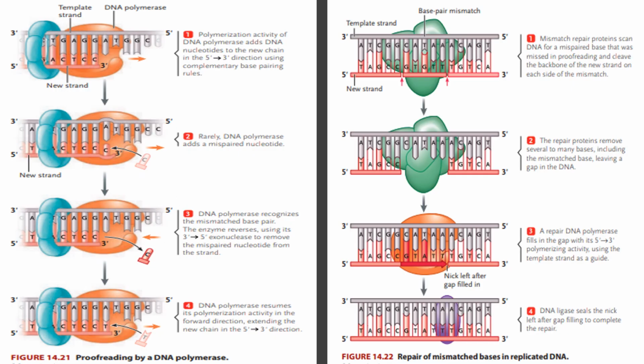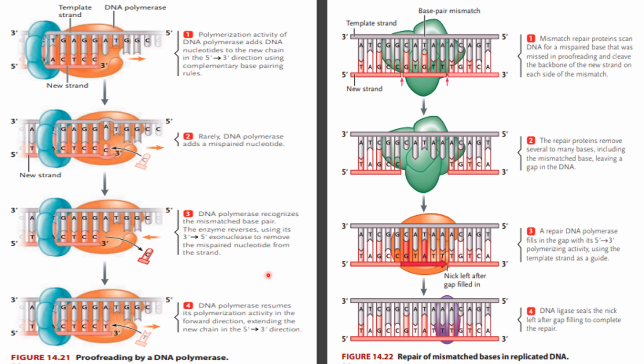Let's look at the proofreading of DNA polymerase. So number 1, polymerization activity of DNA polymerase adds DNA nucleotides to the new chain in 5' to 3' direction using the complementary base pairing rule. Number 2, rarely the DNA polymerase adds a mispaired nucleotide. Number 3, DNA polymerase recognizes the mismatched base pairs.